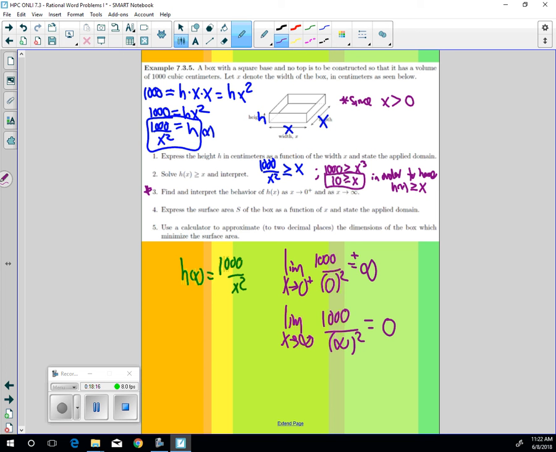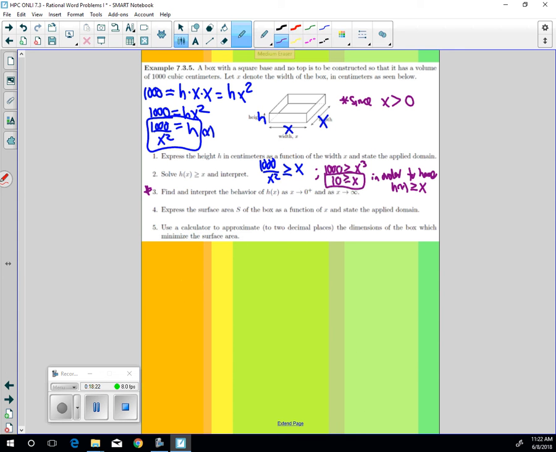And then express the surface area of the box as a function of x and state the applied domain. So surface area is going to be the base, which is x times x, plus 1, 2, 3, 4 sides, which are h times x.